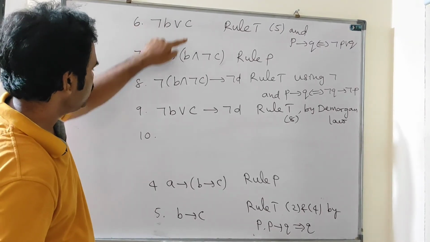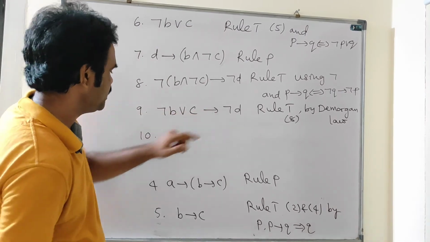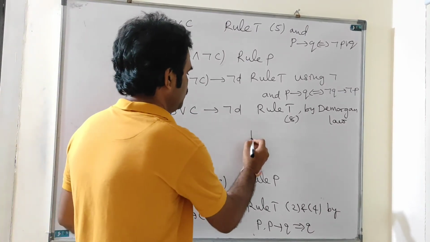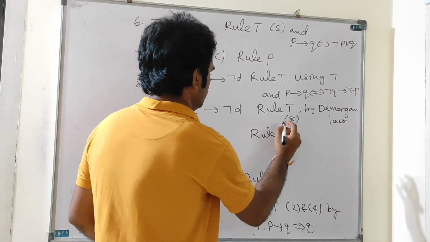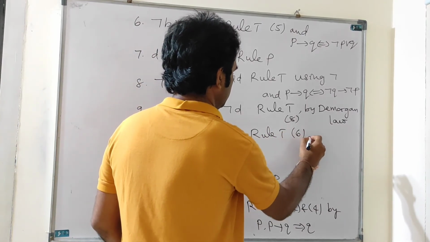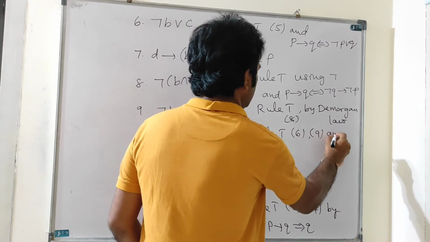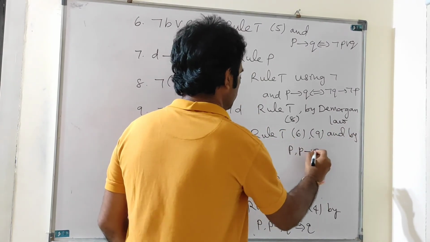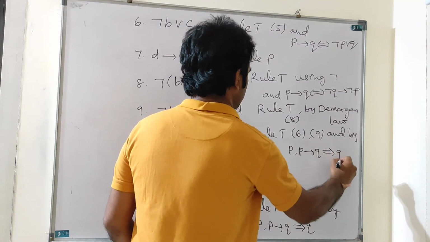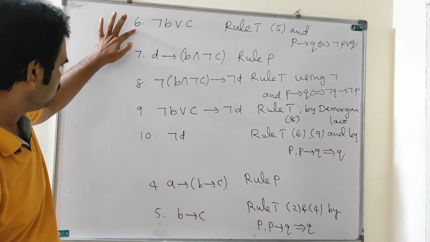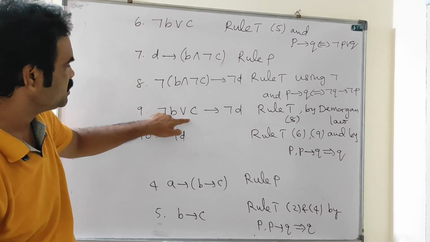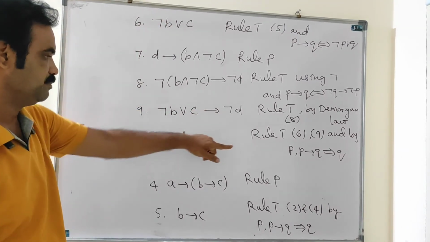Negation B or C, this is negation B or C implies negation D. From this we get negation D. Rule T using 6 and 9 and by modus ponens, that is P and P implies Q imply Q. You get negation D by modus ponens rule.